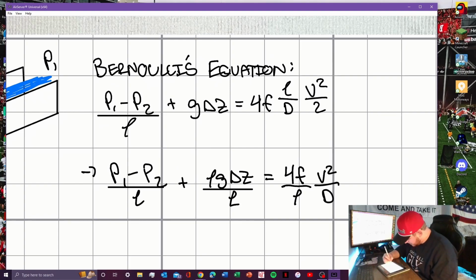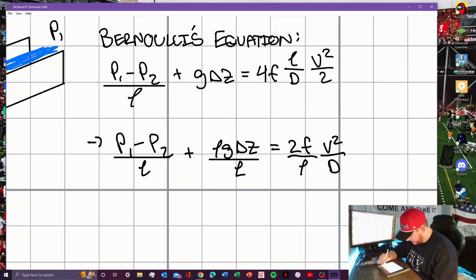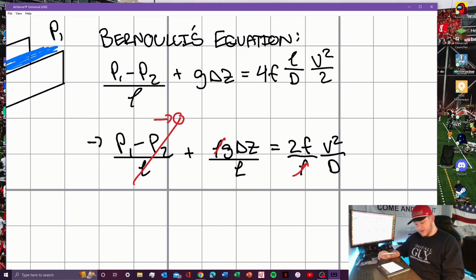And actually, let's chop this 4 down to a 2, just because we had this 2 over here. So we can see some things cancel here. First, let's talk about this pressure term. This is actually going to go to 0, because we have an open pipe and the pressure won't drop in an open pipe.